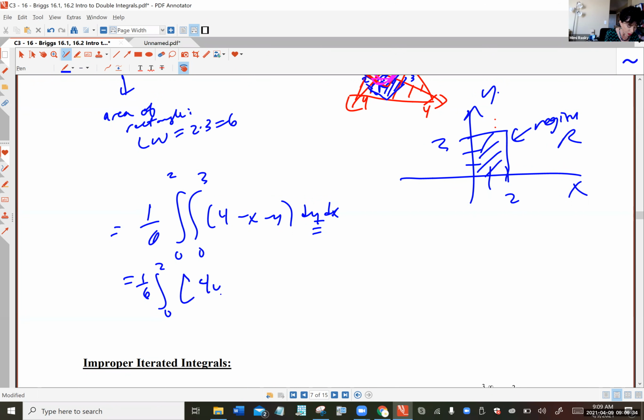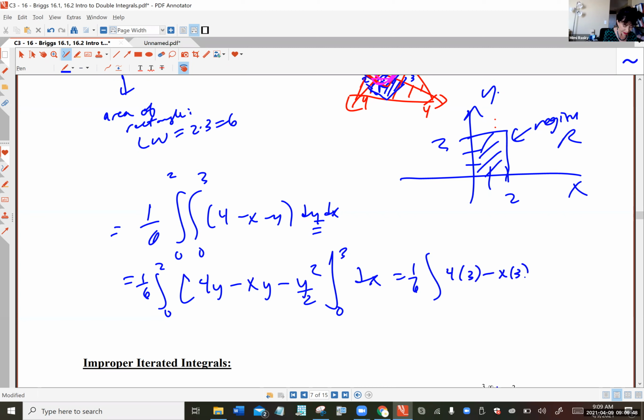So I'm going to get 4y minus xy minus y squared over 2. I'll evaluate this antiderivative between 0 and 3. So I'll end up getting 4 times 3 minus x times 3 minus 3 squared over 2. And when I plug in the 0, everything goes to 0.